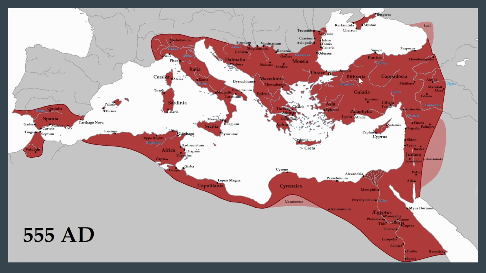Here's Constantinople, which is modern-day Istanbul, and they used to be called Byzantium. So Byzantium was conquered by the Romans, and then it was renamed Constantinople, and then Constantinople was conquered by the Ottomans, and then the Ottomans renamed Constantinople to Istanbul in modern-day Turkey.